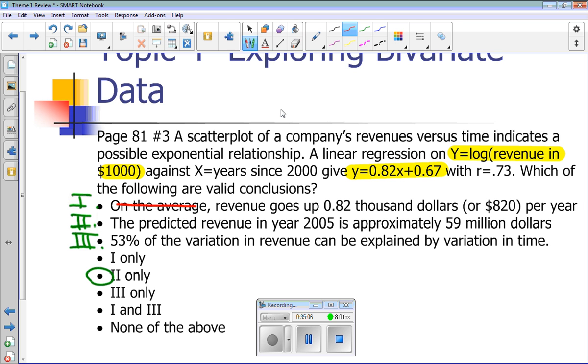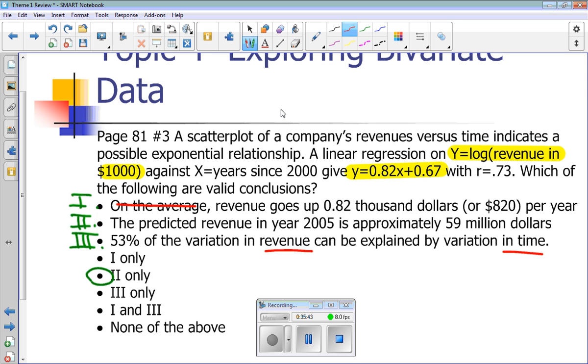So we have to find what R squared is. 0.73 squared is 0.5329, so it's about 53%, but what's the problem? The variables are switched. It's always the variation of y that can be explained by x. So it should be the variation in time that can be explained by revenue. Those are backwards. So that's the issue. And then 2 is correct.